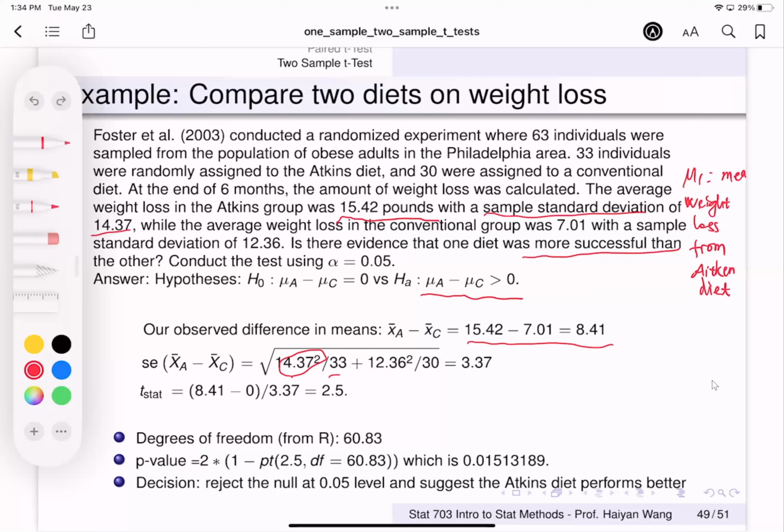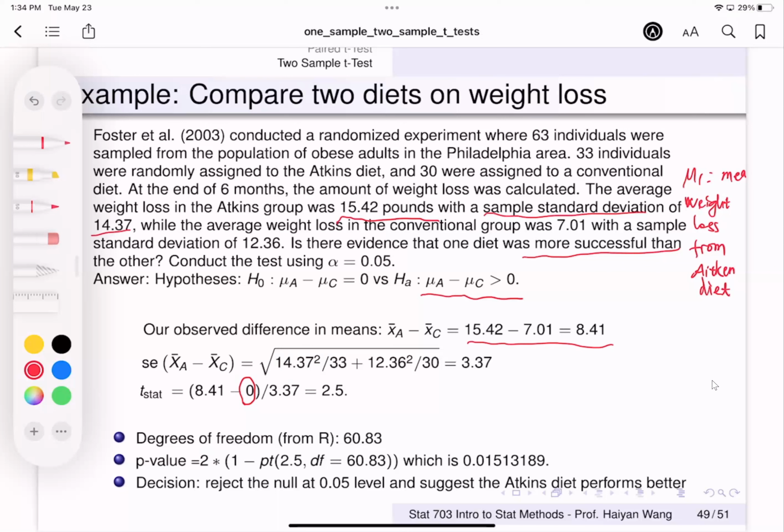Finishing the computation, we get the standard error. And then the t statistic would use the difference, 8.41, minus the value under the null hypothesis, and then divided by the standard error in the denominator. This ratio gives us the t statistic.